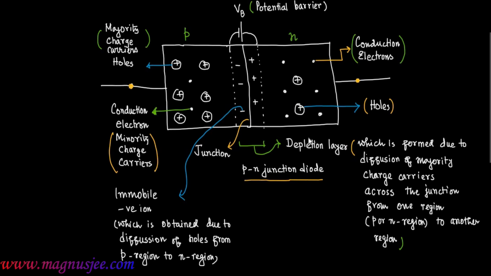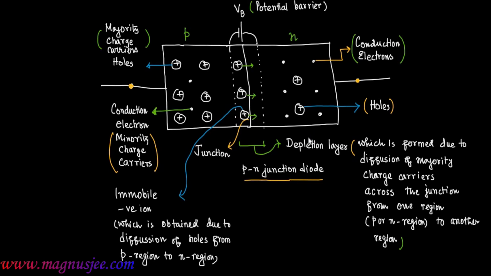So if we erase this negative immobile ions, before the formation of these immobile ions and before the formation of immobile positive ions, initially we had positive holes. These are holes, and these holes diffuse from the p side to the n side.